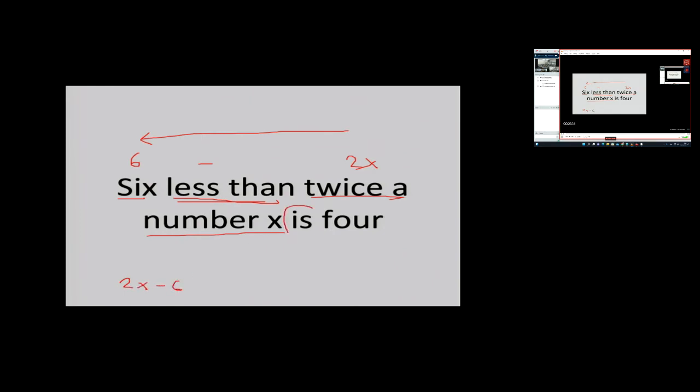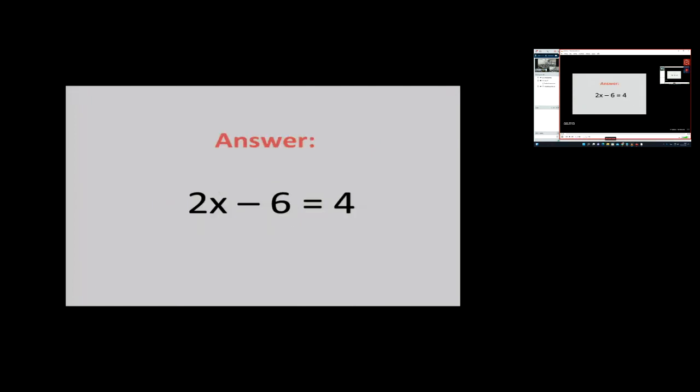Now, is. What is is? Equals 4. 6 less than twice a number x is 4. The answer is 2x minus 6 is equal to 4. Do you understand?